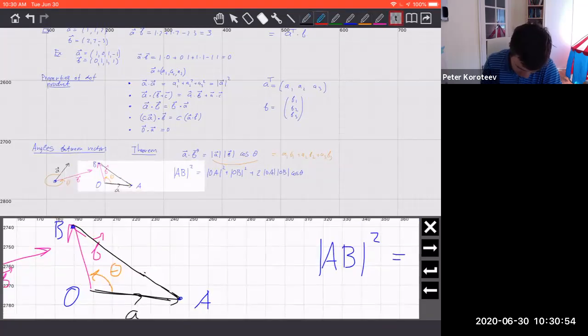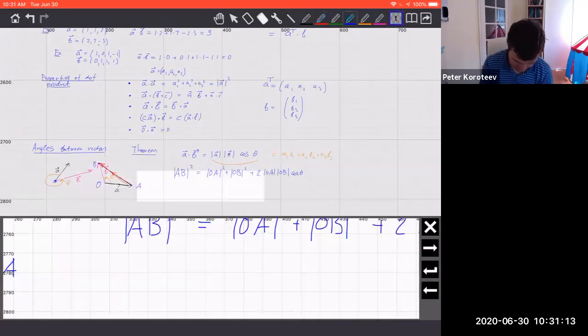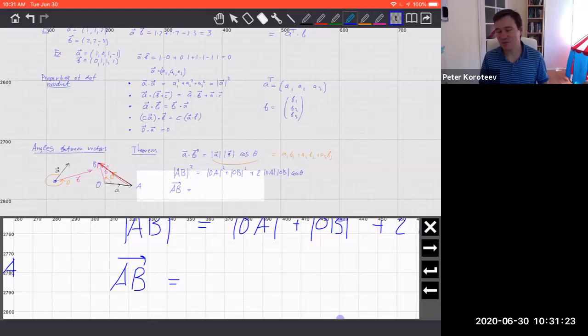So what is this vector here? Let me put the arrow in the middle. It's the vector that directs from A to B. We talked about it yesterday. You can name this vector C.